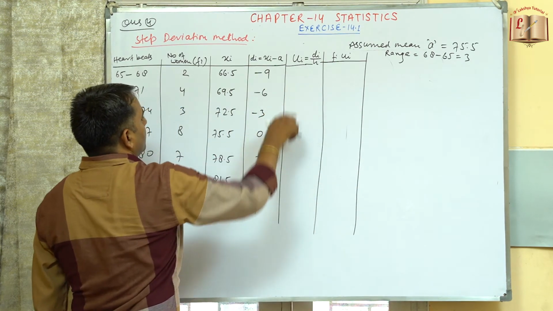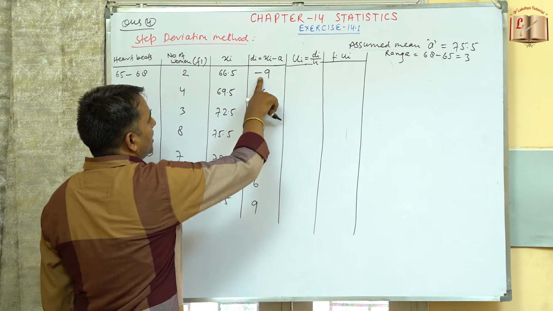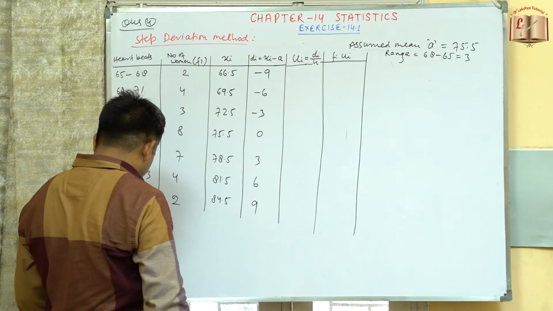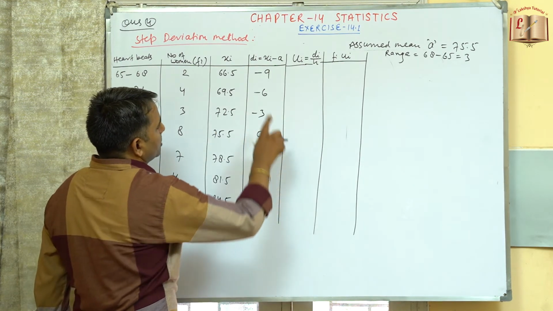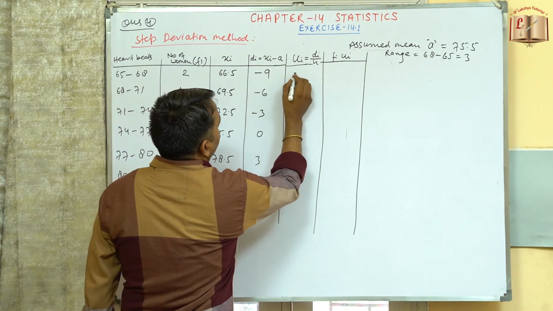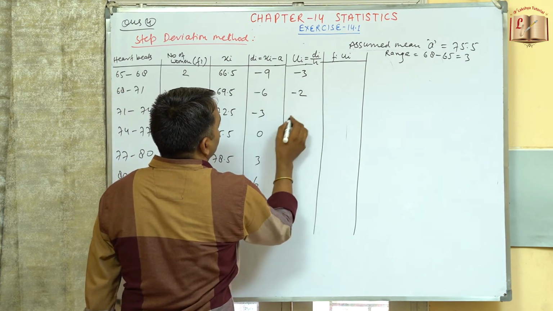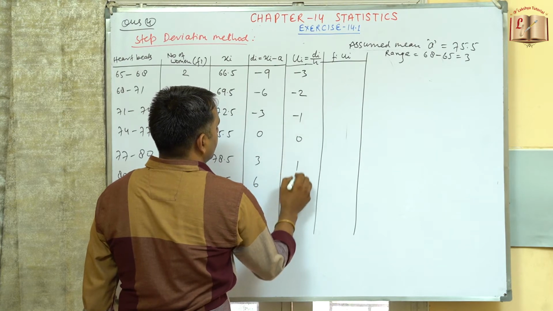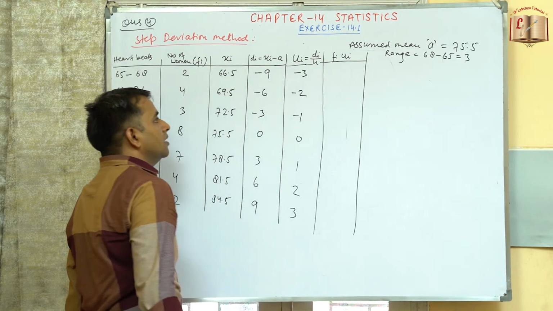So first of all we will calculate the ui. So ui will be again di by h. So this is 3. So minus 9 by 3 will be minus 3, minus 2, minus 1, then 0, then 1, 2 and 3.